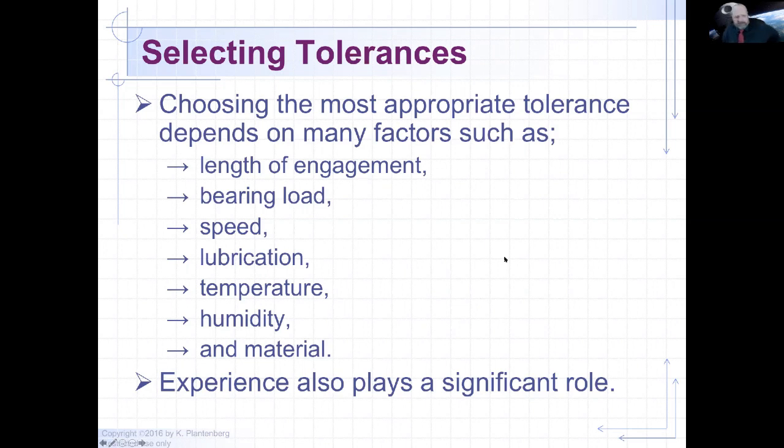And the tolerances always depend on factors like how long is the engagement. If your shaft is moving through a very deep hole and you have a long shaft, then you probably want a looser tolerance because you've got to maintain the tolerance all the way down the hole and all the way down the shaft.